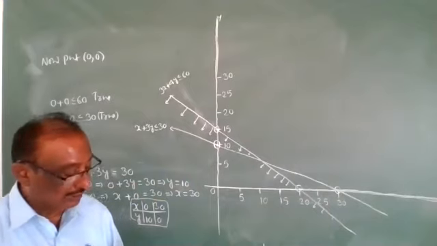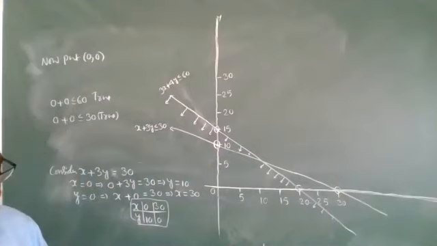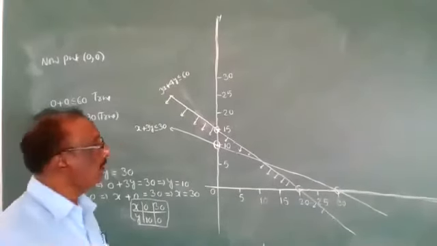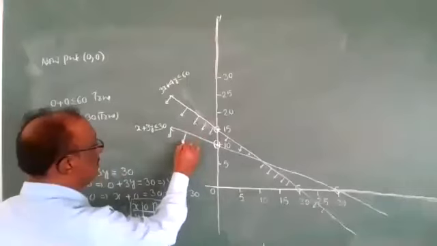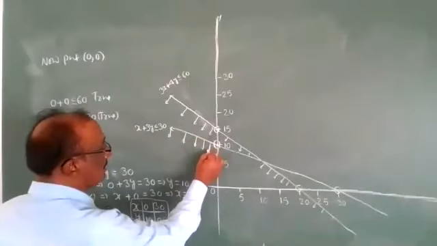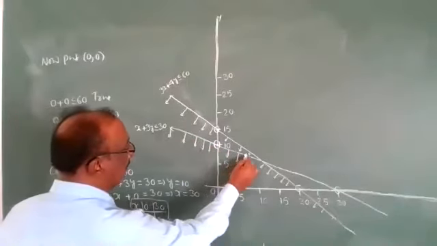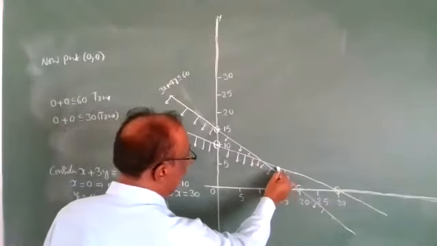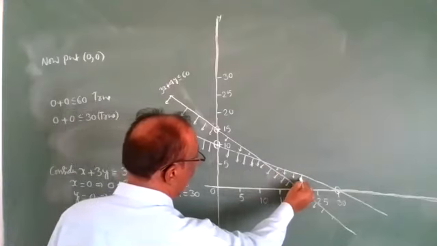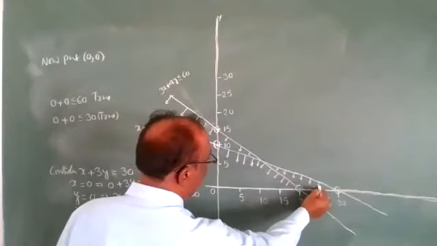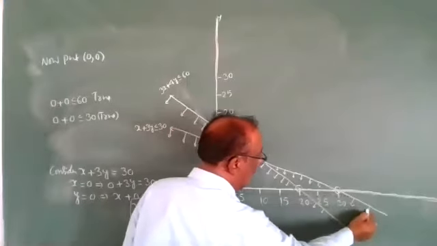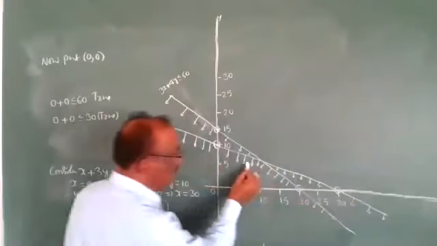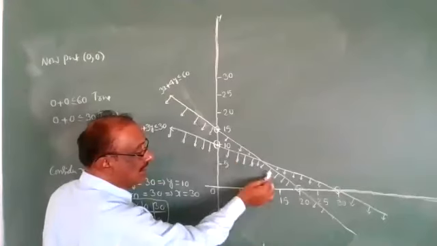Both will be on the 0 side only. Where do we have the common region? Where the two coincide, in this space only.